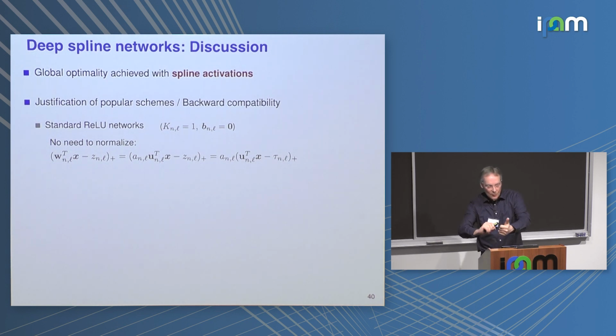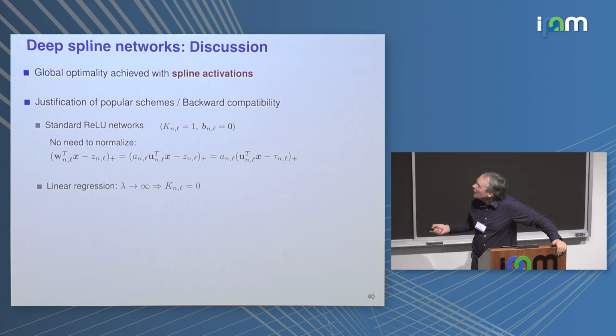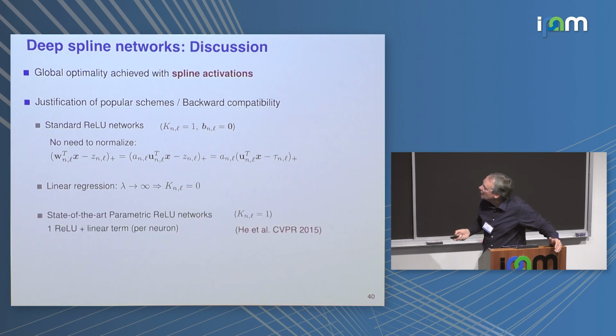If you crank up the regularization very strongly, you just have one knot. By the way, if you crank it a little too strong, even the knot goes away. Everything becomes linear, and it all collapses to a perceptron. Just a linear thing, okay?